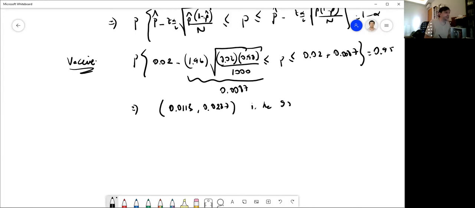This is the 95% confidence interval for P1. Note that this is P1, not P1 hat. That is for vaccine. So in other words, let's put it this way. I think it's going to be easier to understand.